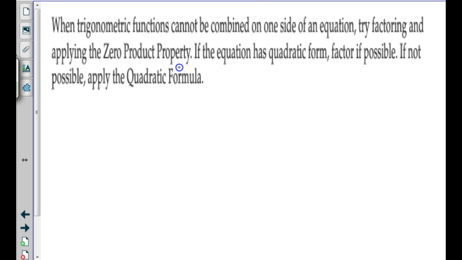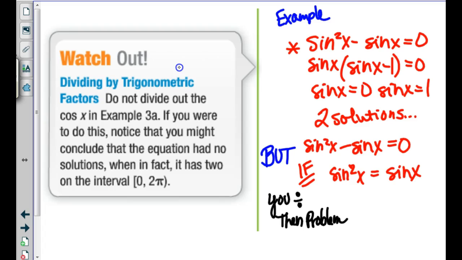All right. This one just reviews. Here's a quick example. On this question, I took out a sine from both of those. Then I said this could equal 0 or this could equal 0. So the sine would equal 1. There's 1 place on the unit circle where this is true, where the sine is 1.